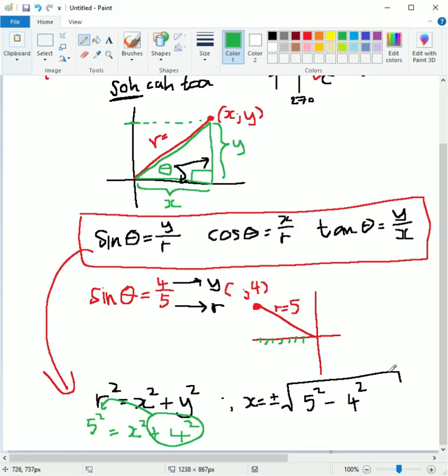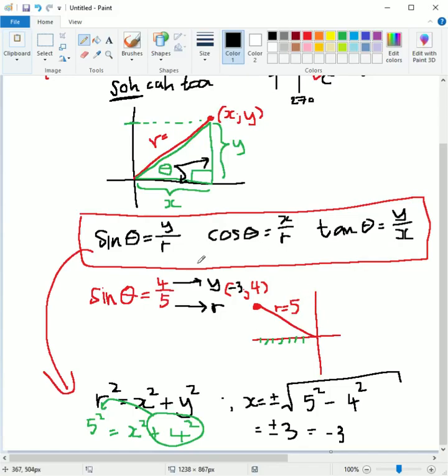So after you simplify all of this, plus and minus all of this in the calculator gives us a 3, but we have to accept the negative 3. So we're going to take minus 3, we're going to throw away plus 3. This means that plus 3 is an option as well as minus 3 is an option. We're picking minus 3 because we are on the left hand side of our Cartesian plane. So this is going to be a minus 3.